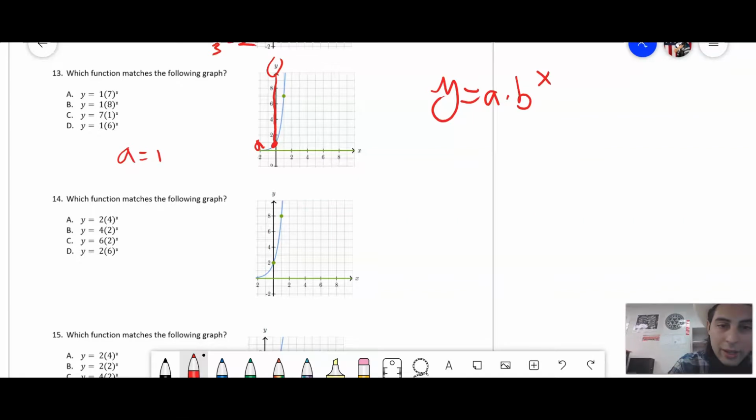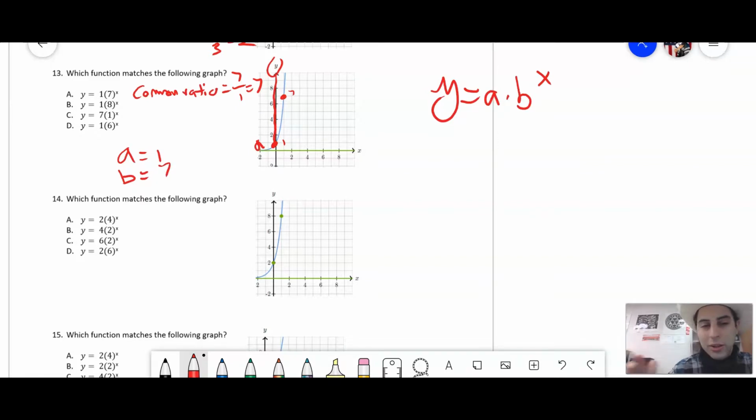All right. And then for my common ratio, I'm going to do division. I'm going to take this y value, which is 7, over this y value of 1. 7 over 1 is just 7, right? So my b value is 7.